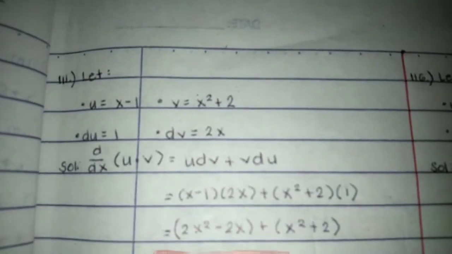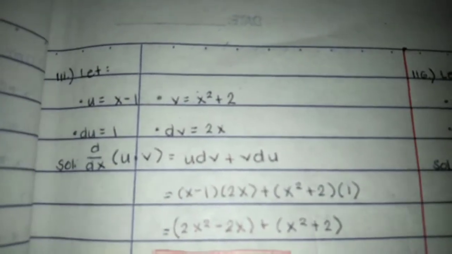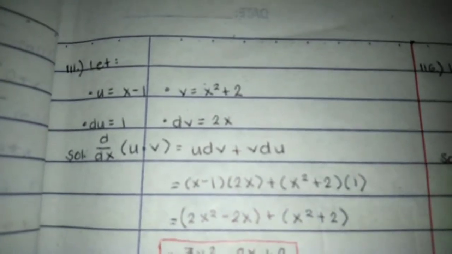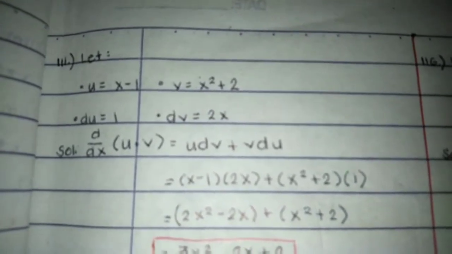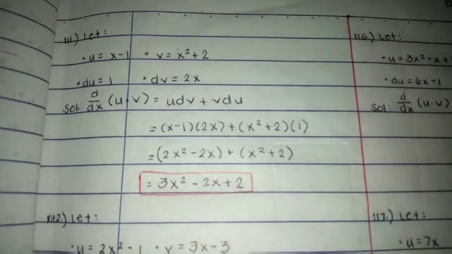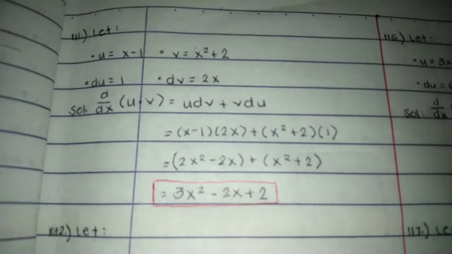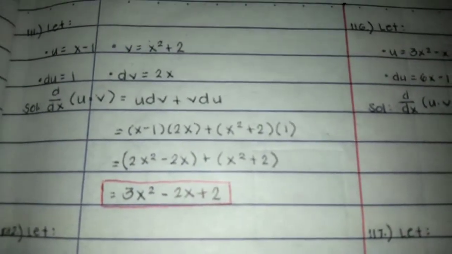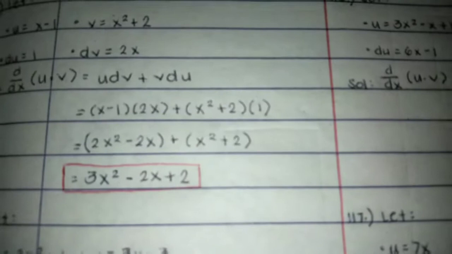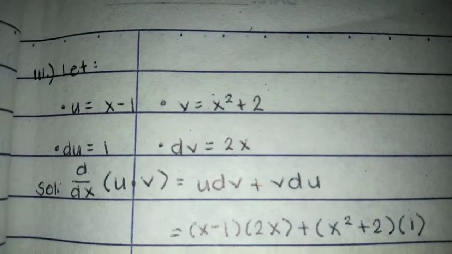The first variable is u, which is equal to x minus 1, and its derivative is 1. Next is v, which is equal to x squared plus 2, and its derivative is 2x. So the formula in product rule is u dv plus v du. We're just going to substitute the values which we have determined.